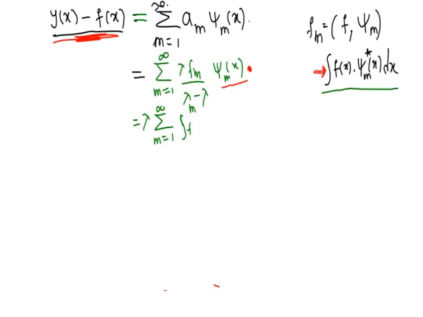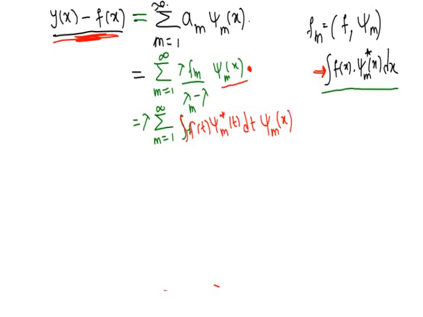In order to avoid that, this xi m of x is outside this, so I will write this as the integral f of t xi m star of t dt. I am writing it in terms of t, so there is no notation clash, and outside it will be xi m of x.